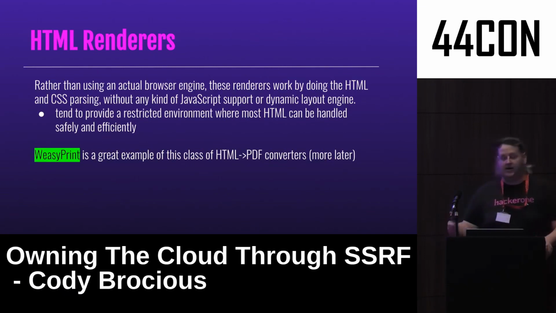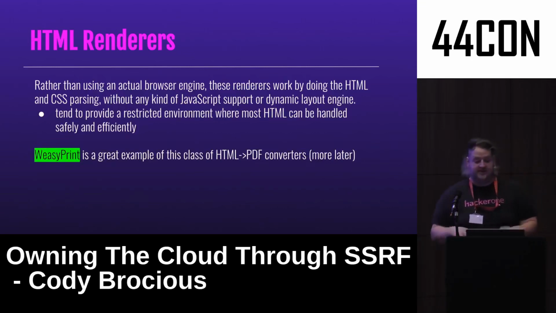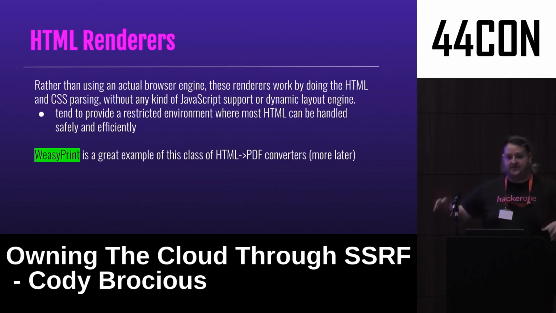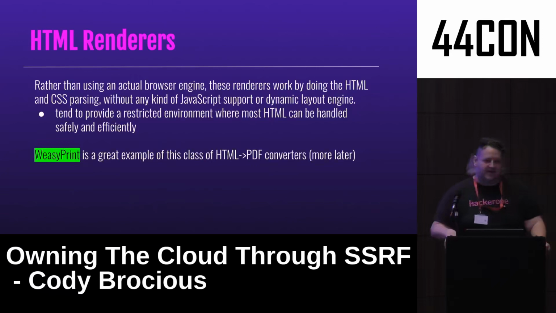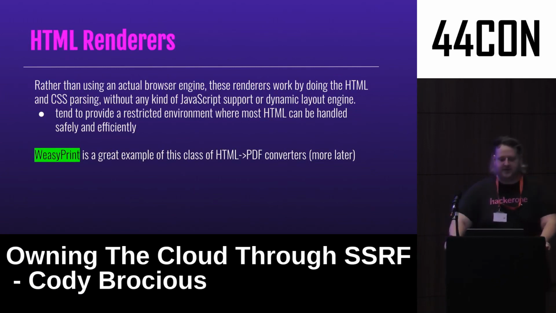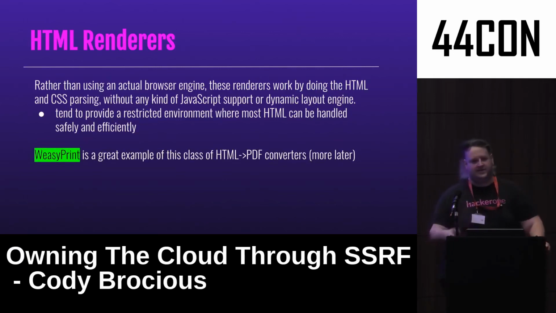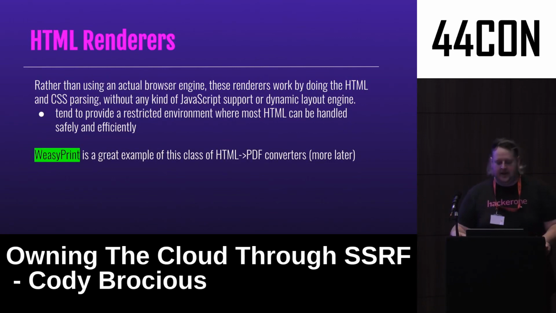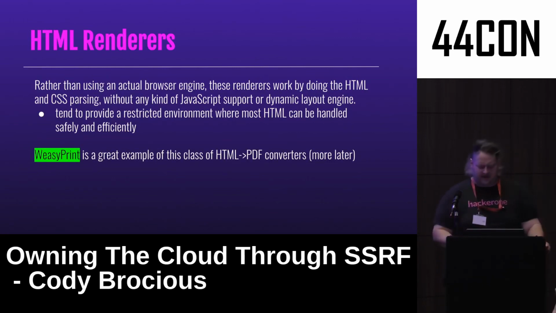That's a Python library that just literally parses in HTML and some basic CSS, does the layout stuff, and then spits out a PDF. What sucks about this from an attacker perspective is that it's very limited. You have no JavaScript. You don't have real CSS. There's not a whole lot of magic that you can do there. Only certain tags are going to be supported. These work well for doing simple invoices and other things like that in applications. But they're very limited, and they make it a problem for attackers.